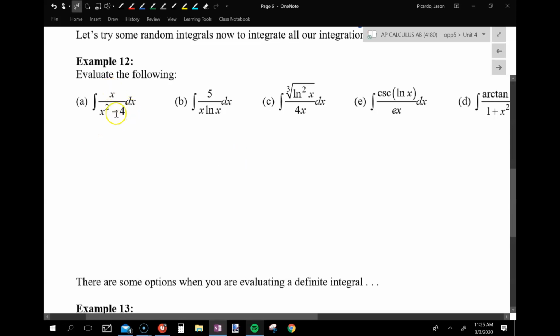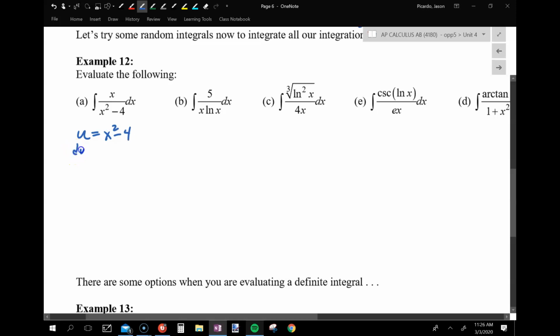Is it going to be the top or is it going to be the bottom of this? Which one do you want to call u and why? I'd say the bottom. Why? When you take the derivative of something squared, you're going to get something to the first degree, right? So I agree. I would suggest that this is the best way to do it.